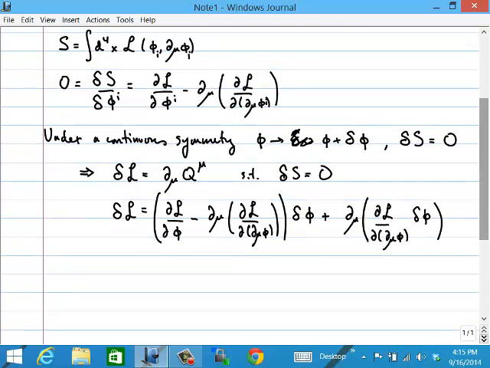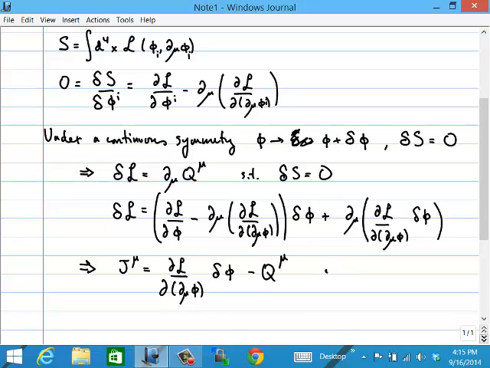And then comparing these two expressions for delta L, we see that the quantity J mu, which is the variation of the Lagrangian with respect to the derivative of phi times delta phi, minus q mu, will be a conserved current.